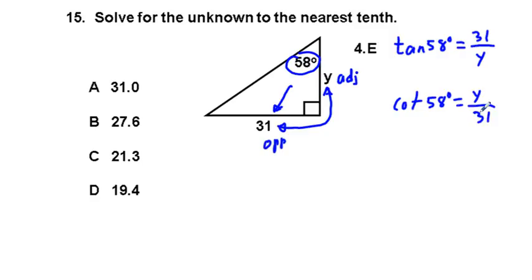And the second one I like better because we can cross multiply that 31. So 31 times cotangent of 58 degrees is equal to y.